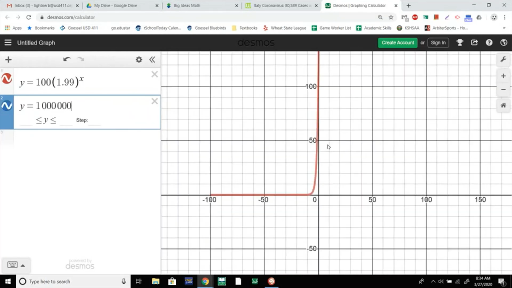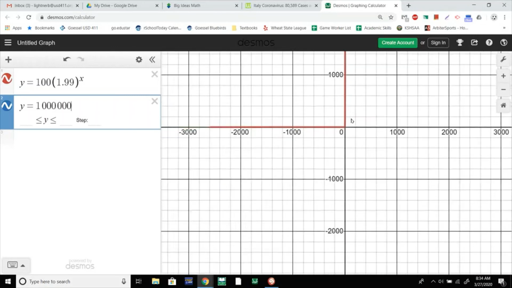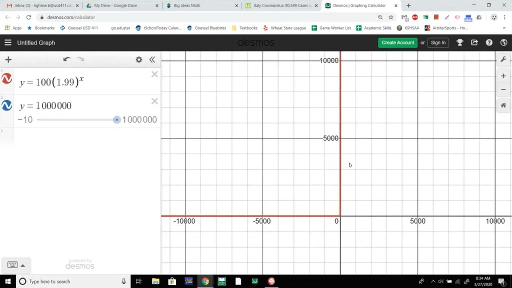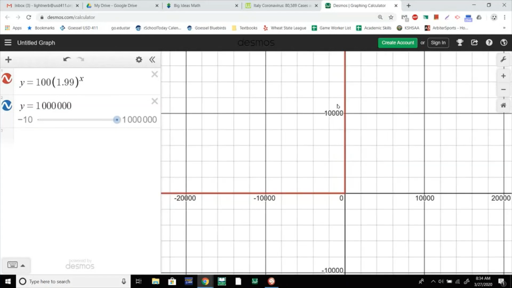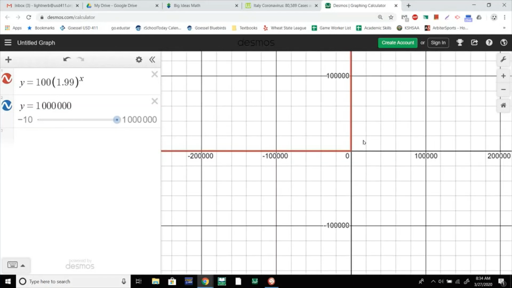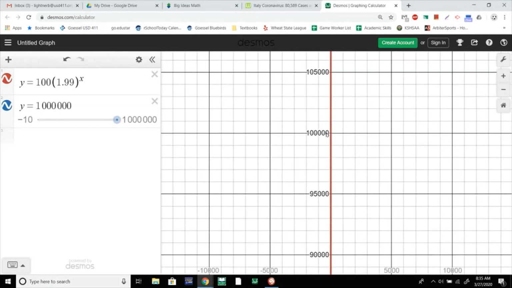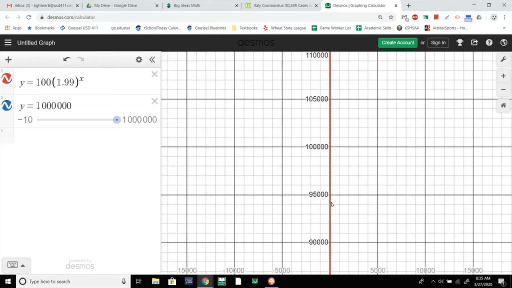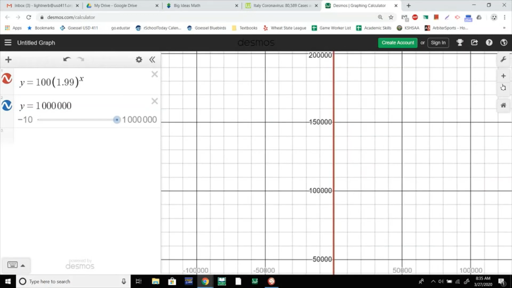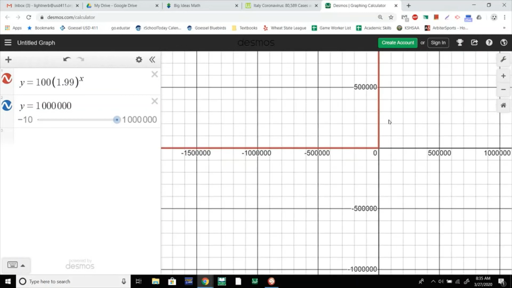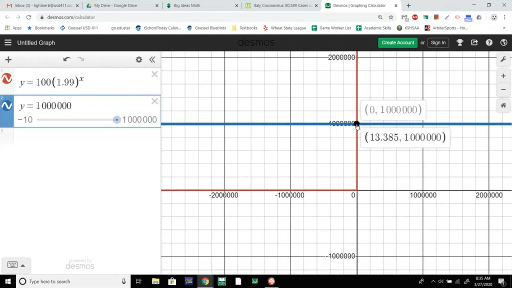So I have to zoom out a ways here. Notice it took a while, now all of a sudden we're getting lots of numbers. That's 100,000. Not there yet. There it is. 13.385 and 1 million. So T would equal 13 point... Oh, wait.